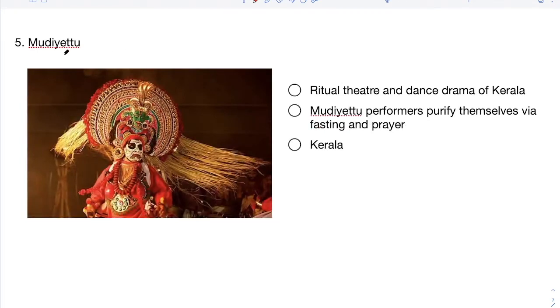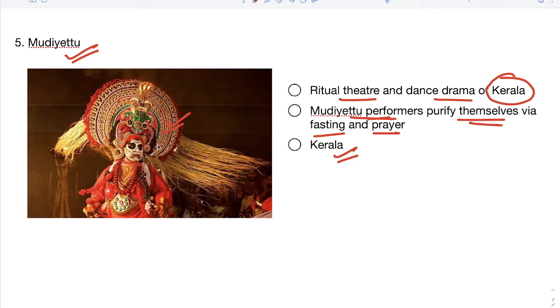Next, the 5th one, Muriyattu. It is also a ritual theatre and dance drama of Kerala. Muriyattu performers purify themselves via fasting and prayer. Basically, in this dance form, the performers mostly do expensive makeup.